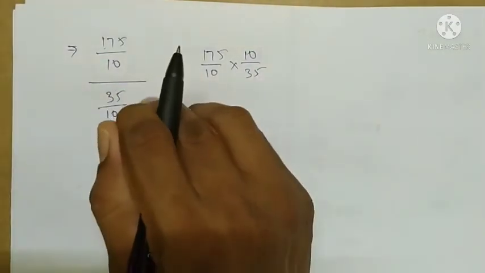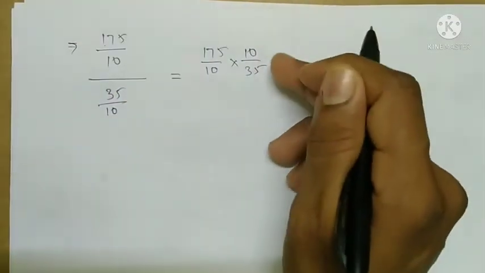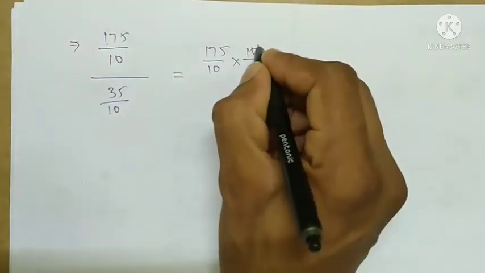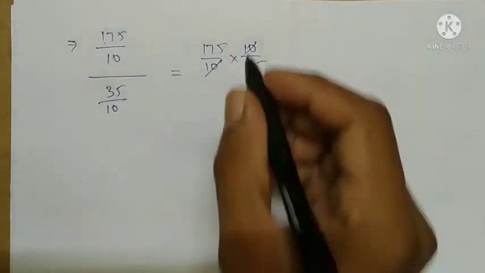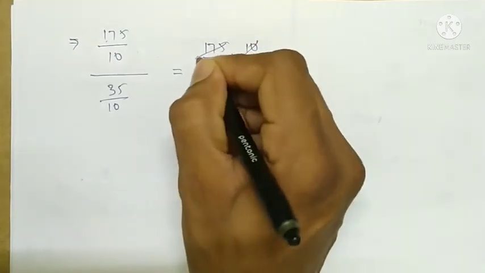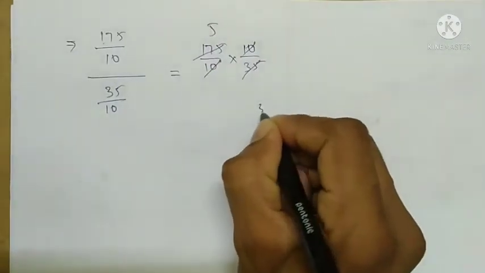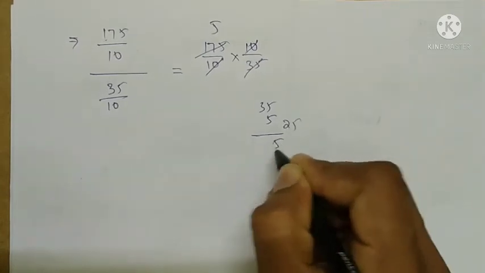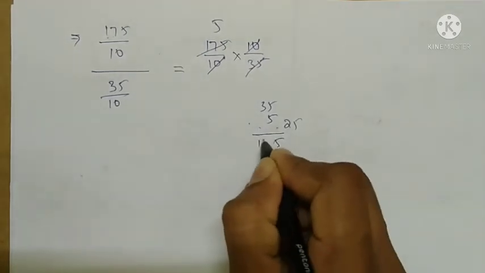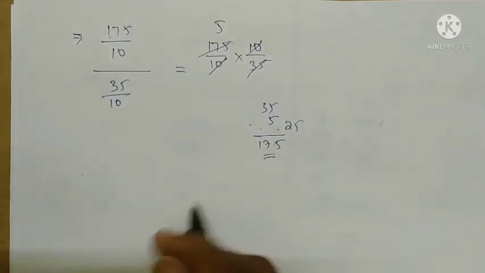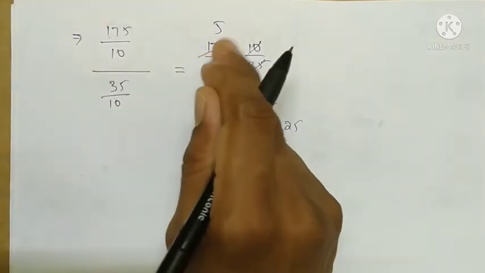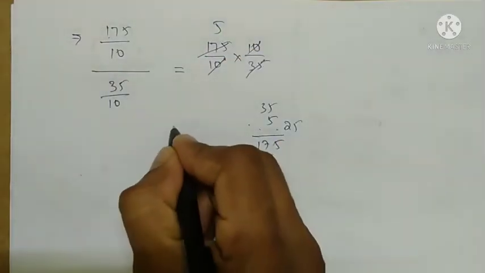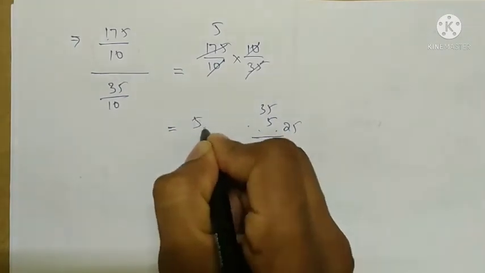The reciprocal form of 35 by 10 is 10 by 35. So here 10 cancels. 35, how many times divides 175? 5 times. 5 5s are 25, 5 3s are 15 plus 2, 175. So 35 divides 175 5 times.